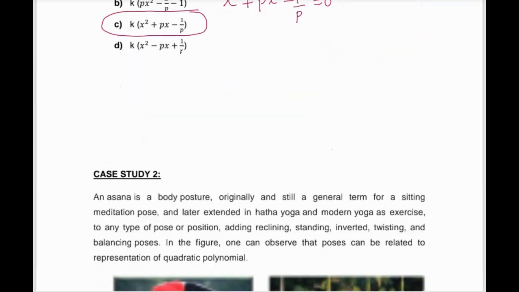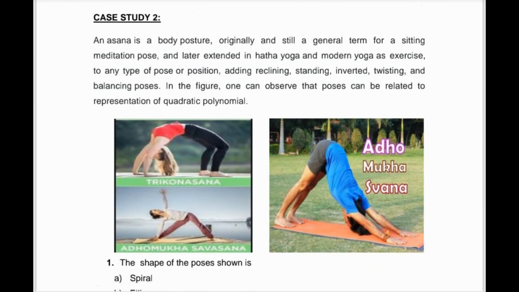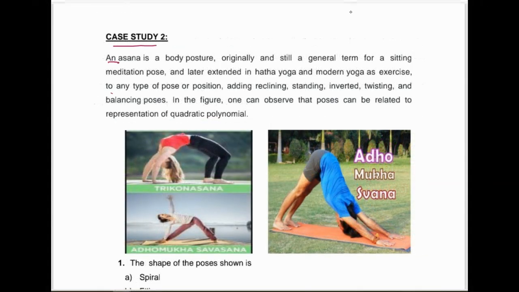Then moving on with the next question, we have case study 2. Asana is a body posture, originally and still a general term for a sitting meditation pose, and later extended in hatha yoga and modern yoga as exercise to any type of pose or position, adding relaxing, standing, inverted, twisting, and balancing pose.